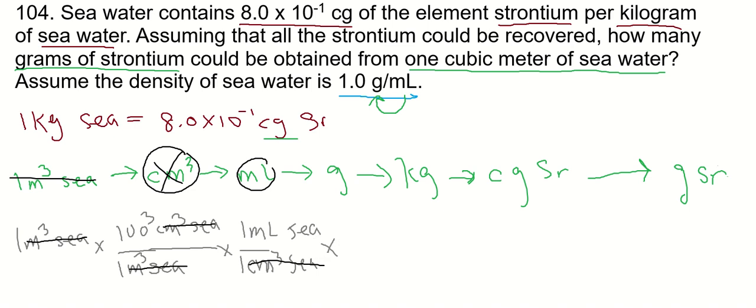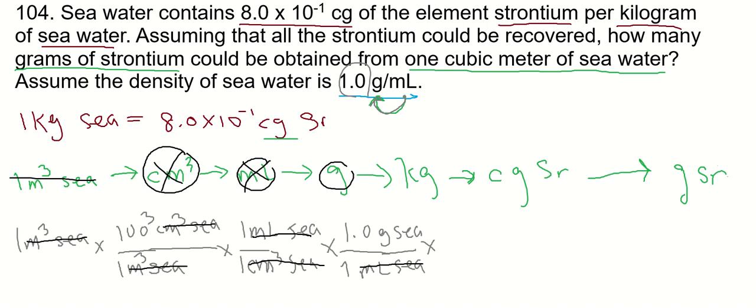How are we going to do that? Right up here. Density. So it's 1-to-1. It's 1.0 grams of seawater is equal to 1 milliliter of seawater. Cancel that out. That thing is gone. We're here.